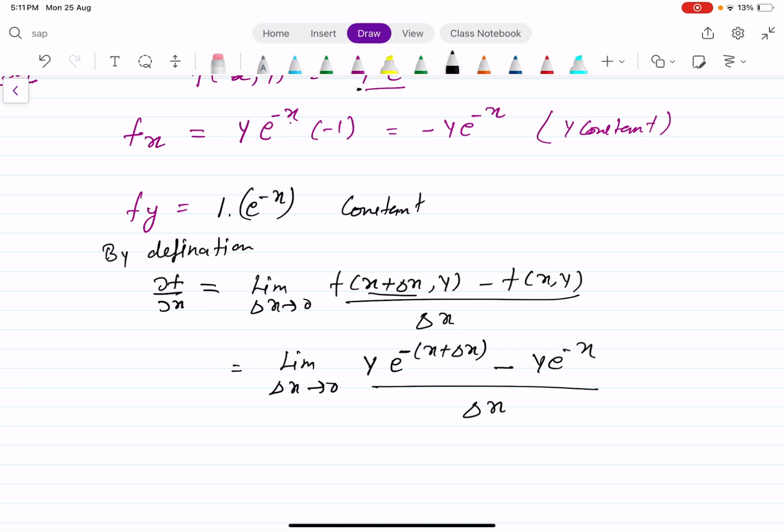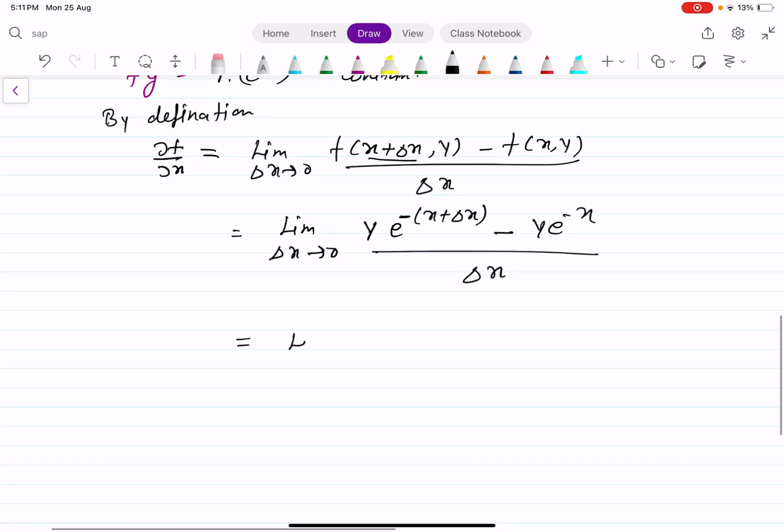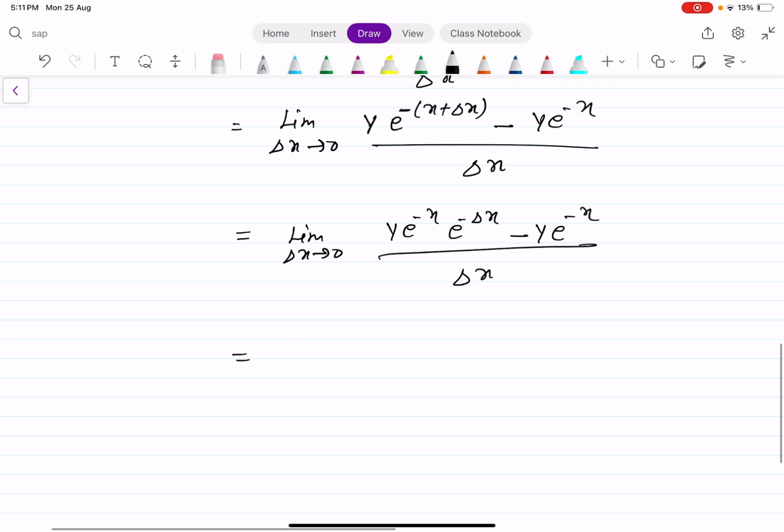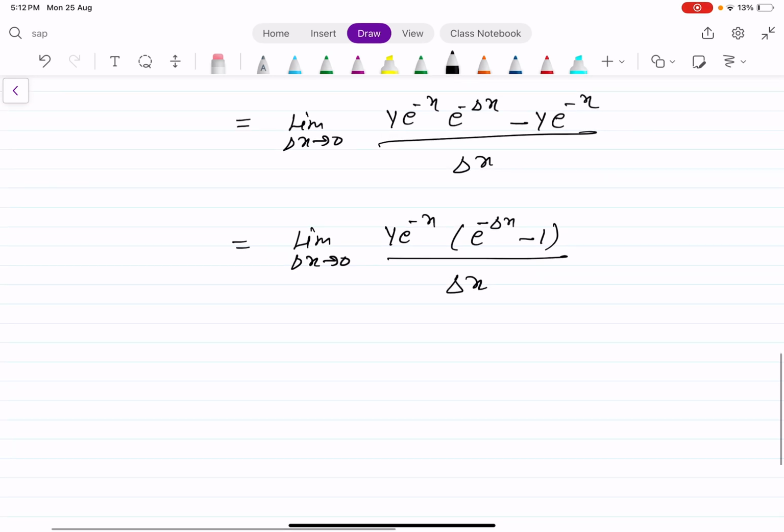Upon delta x. Now the limit as delta x tends to 0 of y e raised to minus x, e raised to minus delta x, minus y e raised to minus x, upon delta x. Taking y e raised to minus x as common, we get e raised to minus delta x minus 1 upon delta x. Now y e raised to minus x stays outside, and we need the limit as delta x tends to 0 of e raised to minus delta x minus 1 upon delta x.